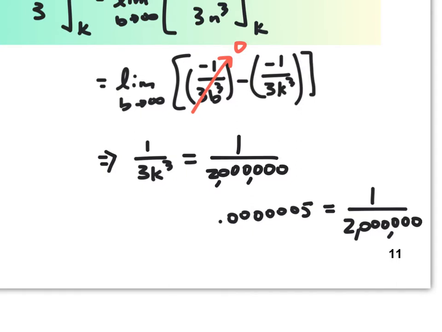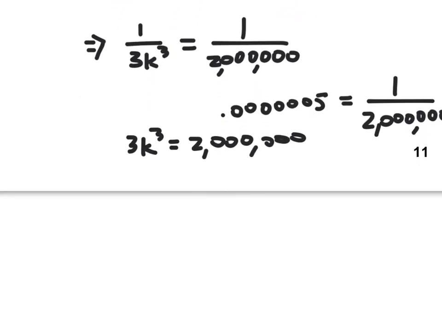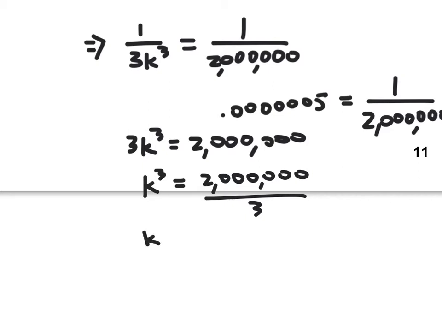So I divide both sides by 3. Excuse me. Let's flip it over. Let's go 3k cubed equal to 2 million. Divide by 3, so k cubed equals 2 million divided by 3. Now we take the cube root of both sides.